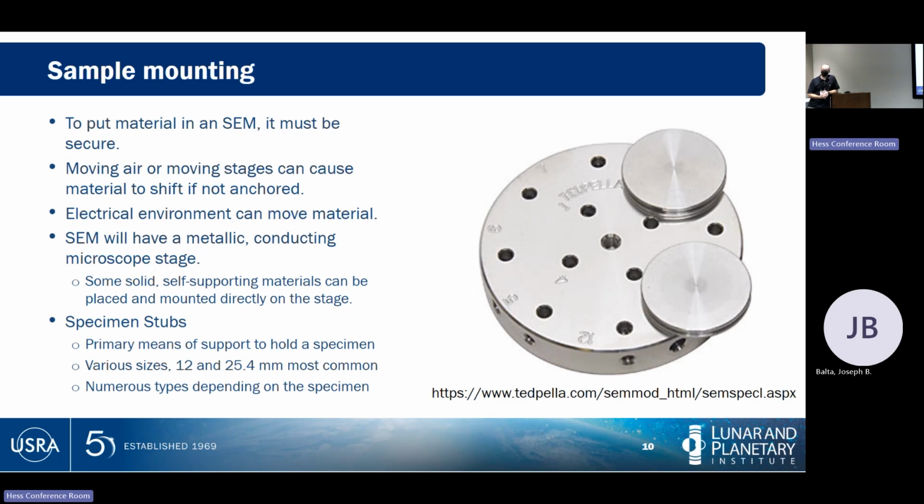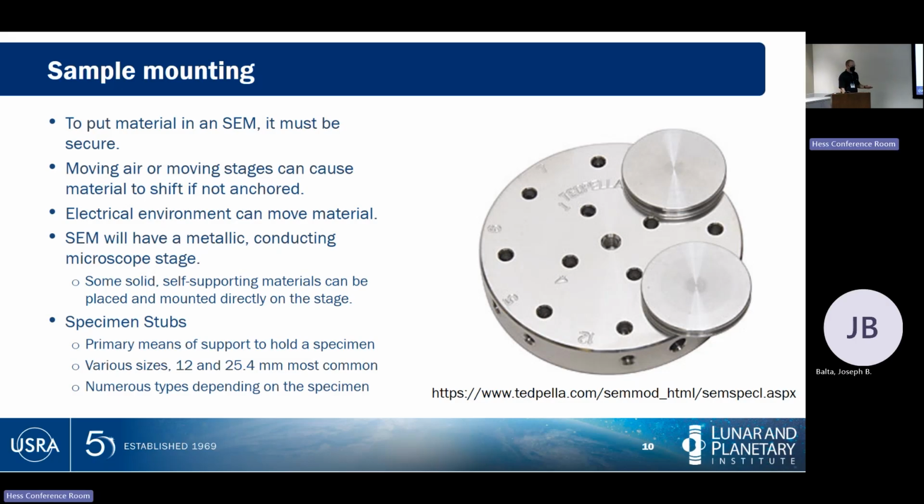That air has to move somewhere. Air moving, if a particle is loose enough, can move material around. Air is not the only thing that can move stuff either. The electrical environment in an SEM can cause material to move as well after the vacuum has been started. So we're going to need to find ways to anchor things.